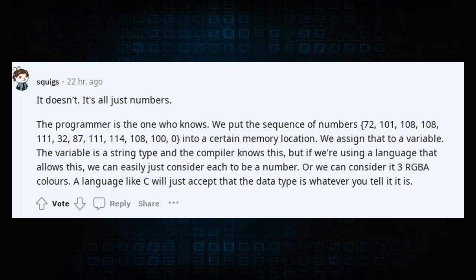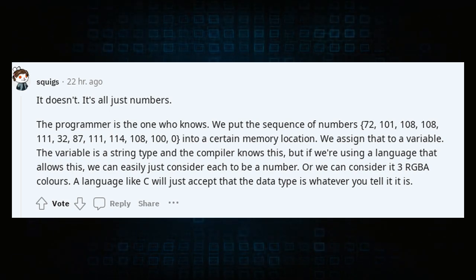It doesn't. It's all just numbers. The programmer is the one who knows. We put the sequence of numbers 72, 101, 108, 108, 111, 32, 87, 111, 114, 108, 100, 0 into a certain memory location.